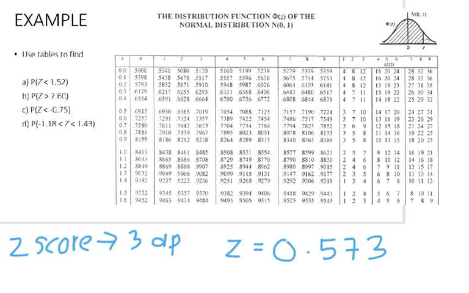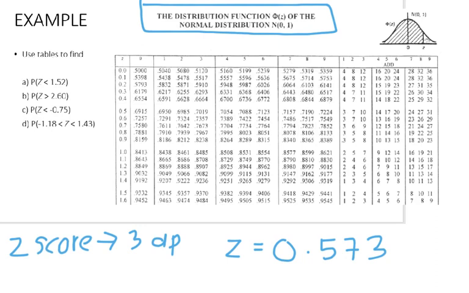So here is the table of SND. In your table, you go to the pages at the back, where you look for the distribution function of the normal distribution. This is the SND that we are going to use in our syllabus to find the probability.